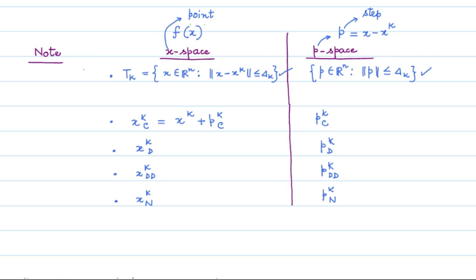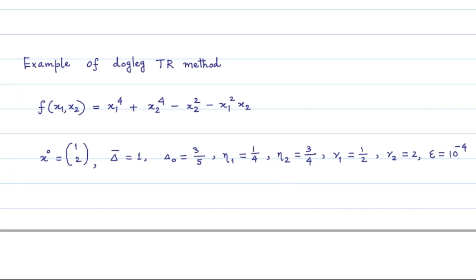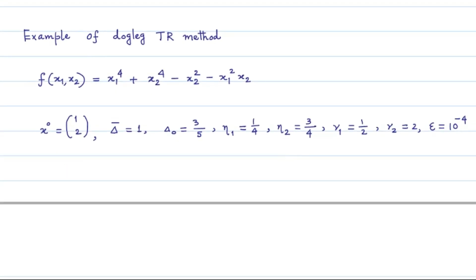Well, now next let us move to solve a numerical example. We consider the objective function of the problem as this one. The initial point is x0 and other parameter values are as given in this screen. Let us now attempt to calculate the next iterative point x1 with the help of the dogleg step. The process of calculating dogleg step is the following.